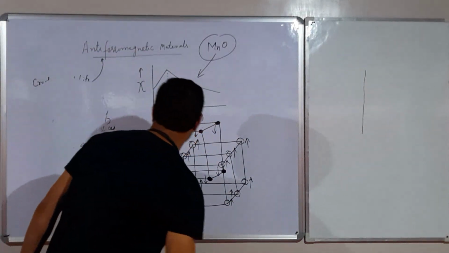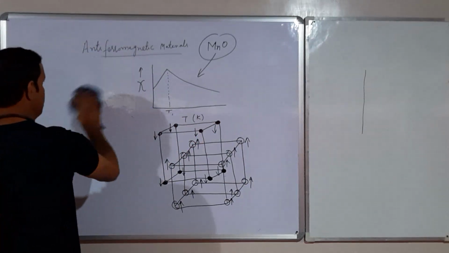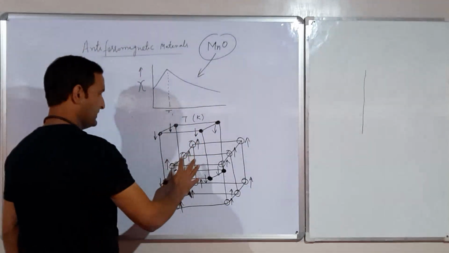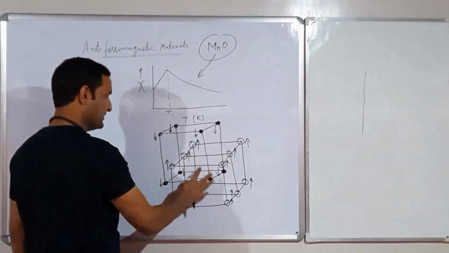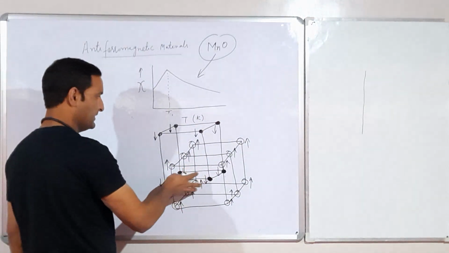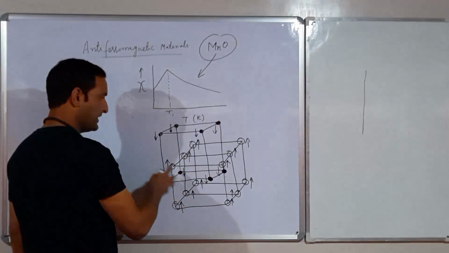If there is an increase of temperature, these magnetic moments will be randomly oriented so that some magnetization arises.